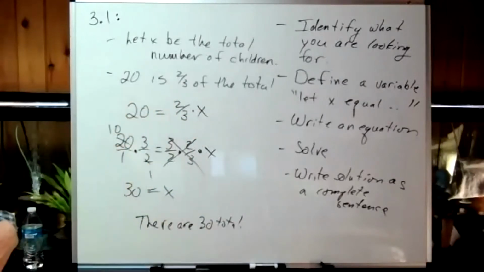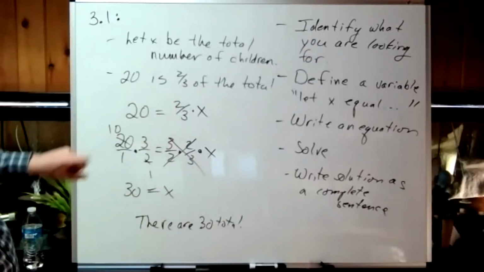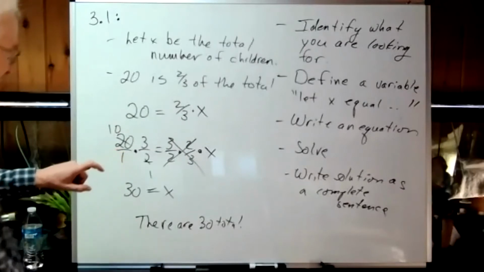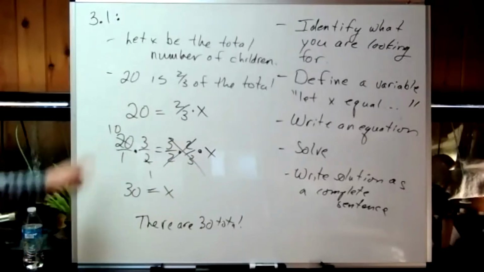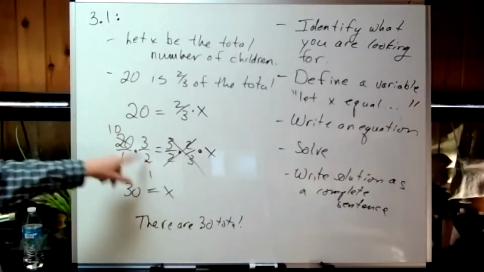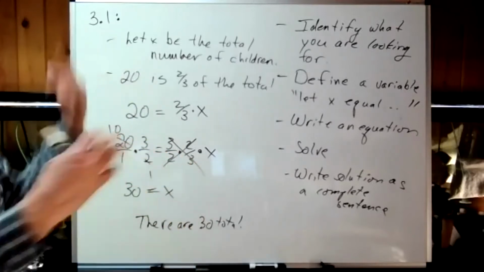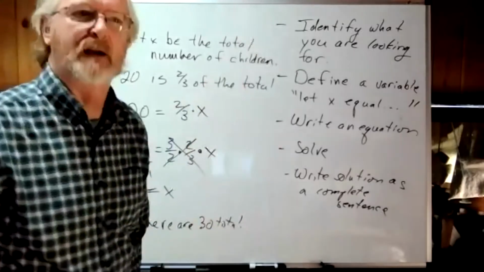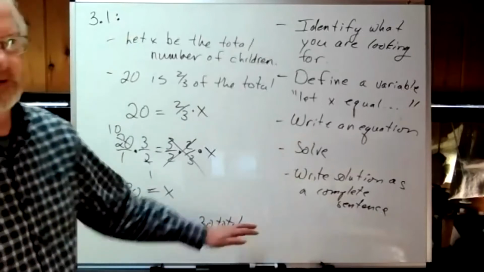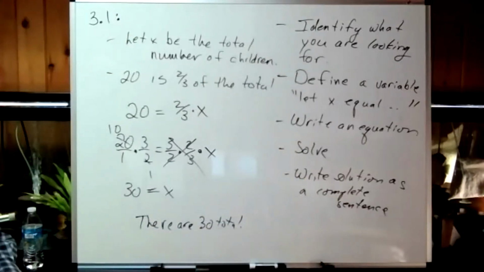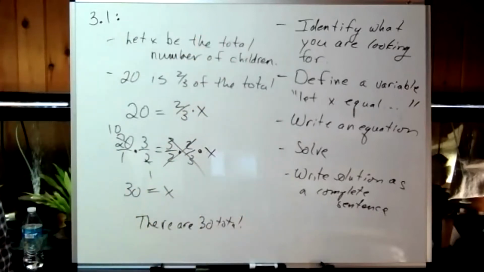And now I solved it. To undo multiplying by 2/3, I multiplied by 3/2, the reciprocal on both sides, right? Cancel some 2's out of here. So I had 3 times 10 was my x, so 30. X is 30, good, I'm done. 30 what? There are 30 total students. I still cheated a bit, but I wrote my answer in a sentence that was in the context of the problem. Okay.